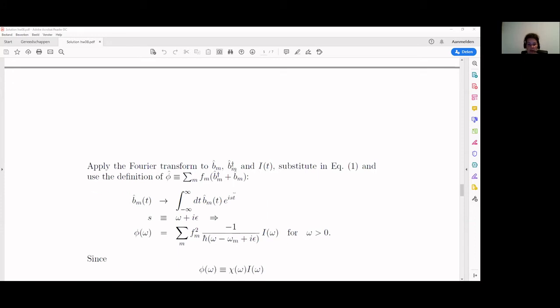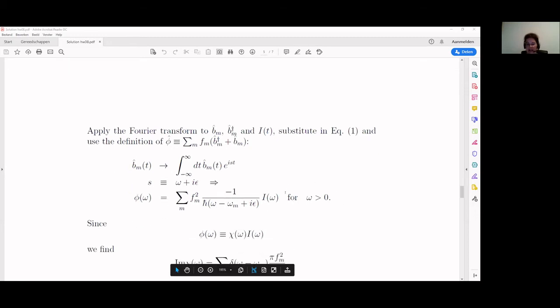I also need to arrive at the response function chi. I also need to Fourier transform this operator phi. The definition is above here. And if you do that, you will find that this operator phi omega, the Fourier transformed operator, looks like this here, where again you have this omega plus i epsilon in the denominator.